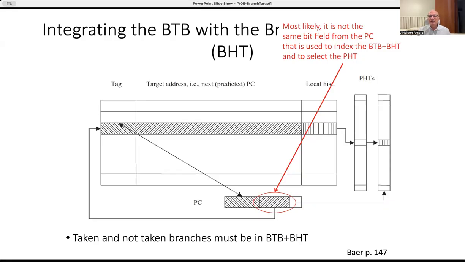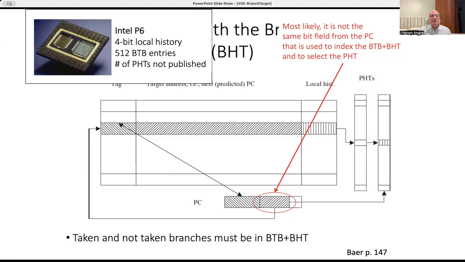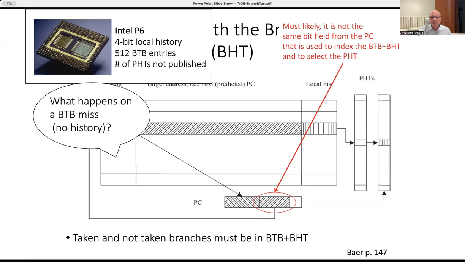Most likely, I'm not going to use the same bits to index the branch target buffer and select the PHT. It's not likely that I have the same number of PHTs as I have entries in the BTB. The Intel Pentium P6 used this design, has a 4-bit local history, and it has 512 BTB entries. And the number of PHTs that they use in that design was never published.